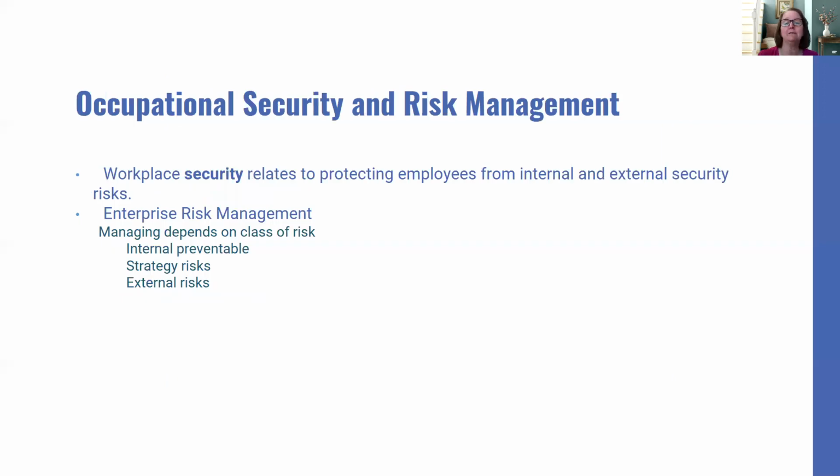So workplace safety relates to risks of injury or illness to employees. Workplace security relates to protecting employees from internal and external security risks, such as criminal acts by visitors and terrorists.